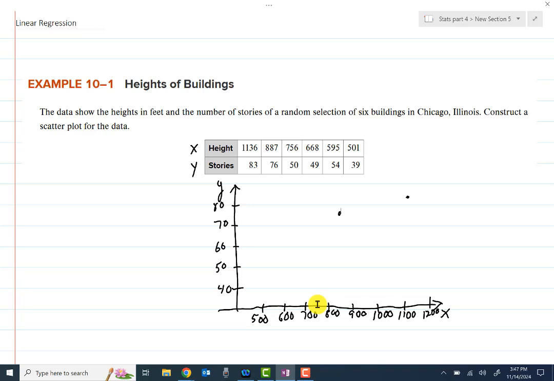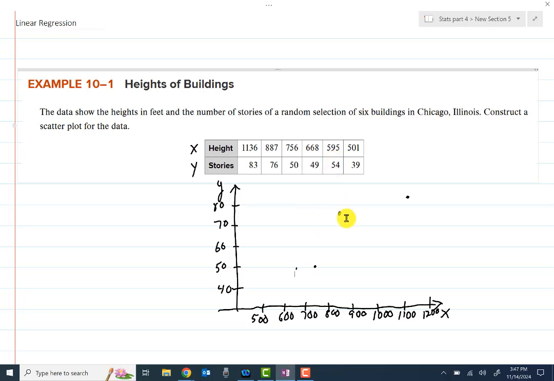That's almost exactly halfway between 700 and 800, and 50 is right here. Then we have 668 and 49. 668 is a little more than halfway from 600 to 700, and 49 is right below the line. So I'll put it right here, let's say.